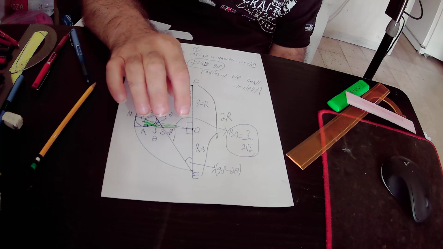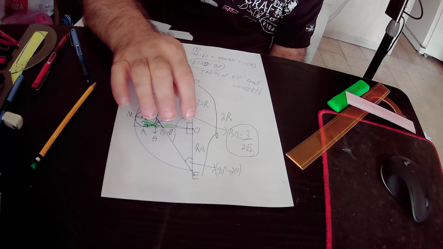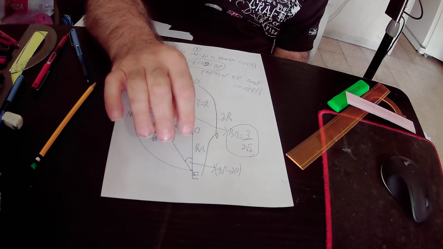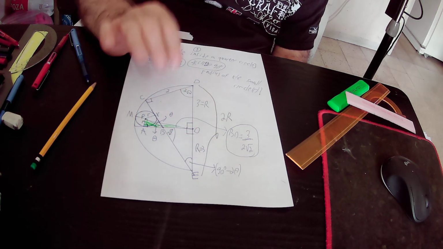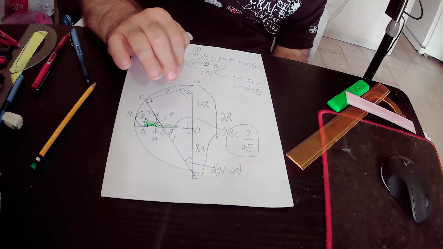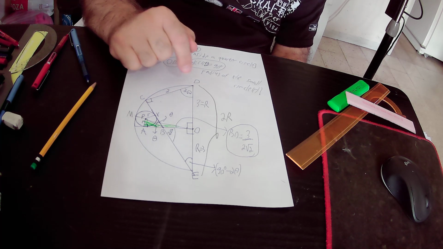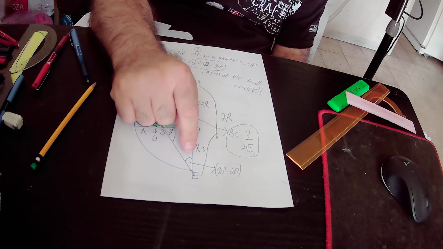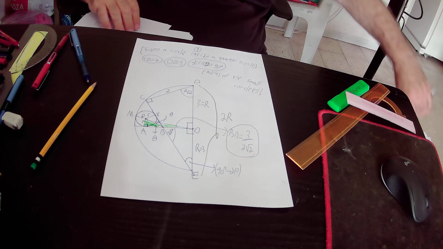So in the right triangle EBO, we have 90 degrees and angle 2 theta. So the third angle must be equal to 90 degrees minus 2 theta. And we know that the sum of the angles in any triangle equals 180 degrees. So the size of this angle plus 90 degrees plus 90 degrees minus 2 theta must be equal to 180 degrees.